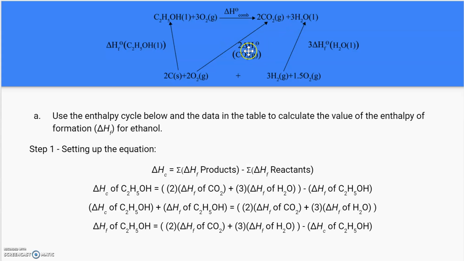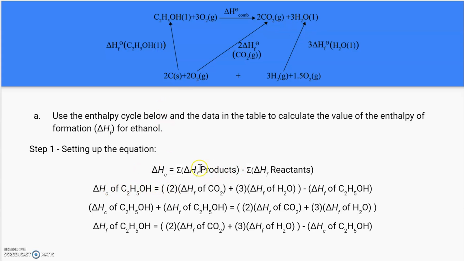So let's just go ahead and substitute those 2 in the parentheses part of the sum of enthalpies of formation of the products, as the cycle is telling us that it is these 2 that lead to the formation of the products.